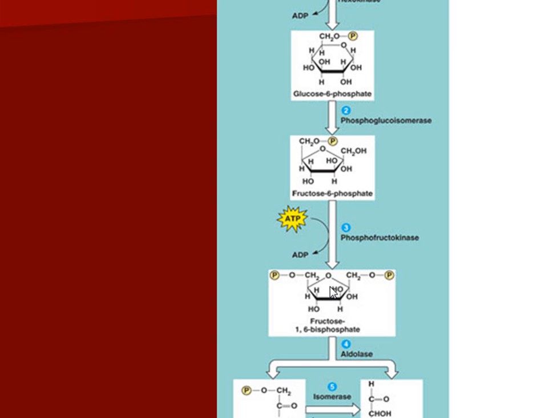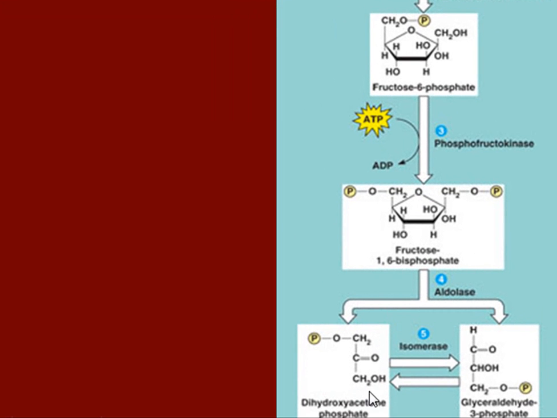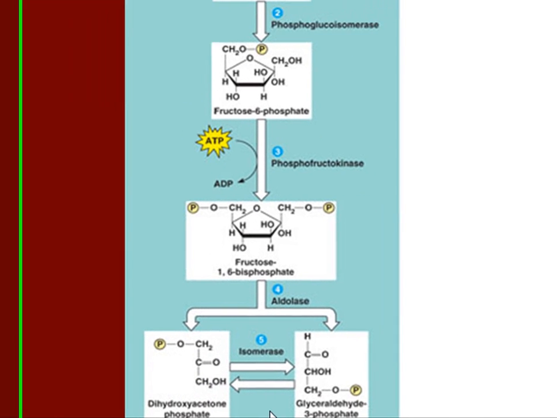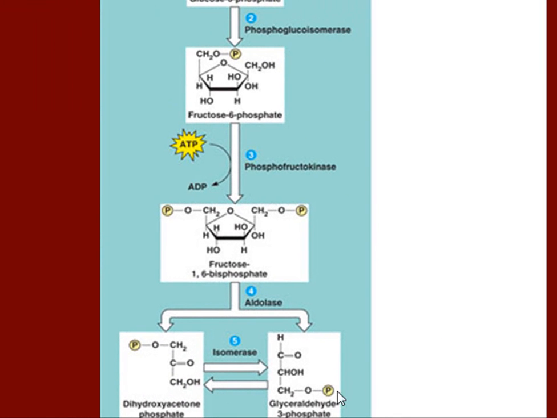We then end up with dihydroxyacetone. Remember, this is the ketone, the second carbon here is the ketone, or glyceraldehyde 3-phosphate, where that phosphate is on the number 3 carbon and the number 1 carbon is our aldehyde. These are two isomers, and an isomerase enzyme brings them back and forth throughout glycolysis.